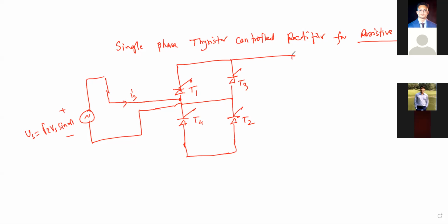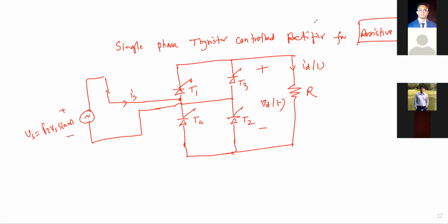And the load side, let us first start with the resistive load. So this is say ID(t), and from here to here, we shall take the instantaneous value of the output voltage with respect to t.